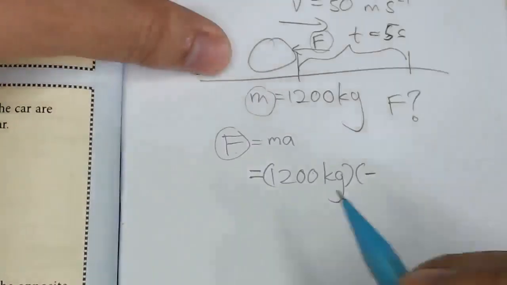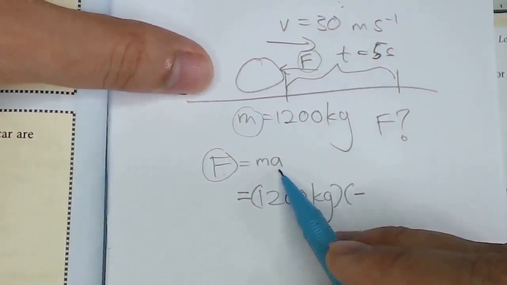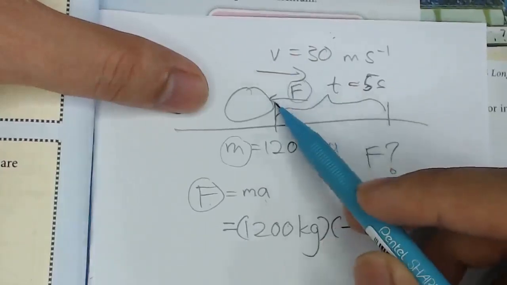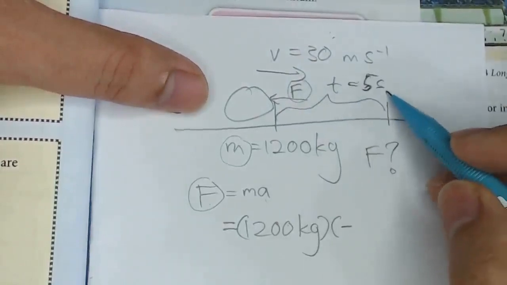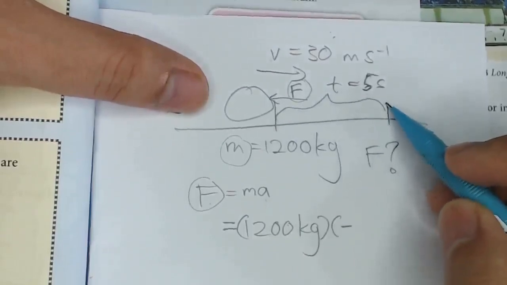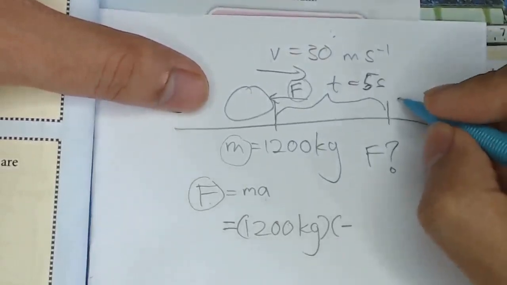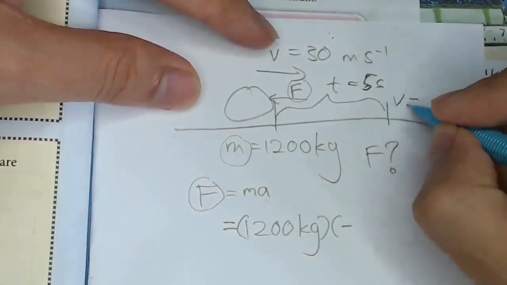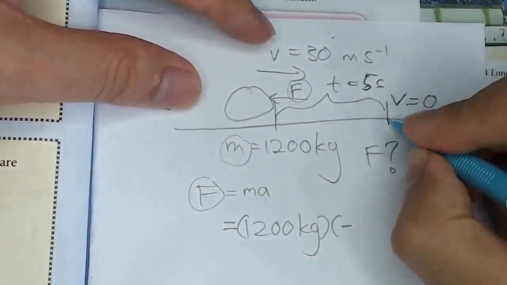Oh yeah, here comes another problem. We don't know the value of A. But we know the value of V from the earlier motion, and the final velocity, because the car will fully stop at this point, so the final velocity is 0.